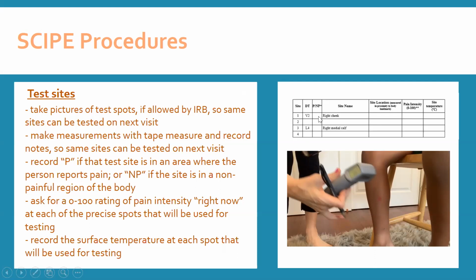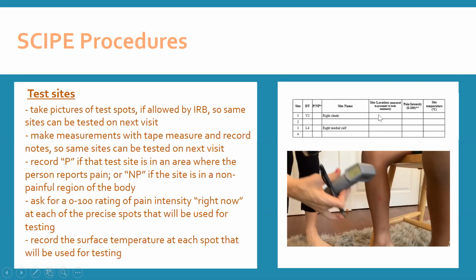Once you've chosen those sites, this column should be filled in. Is this site in a painful or a non-painful area where they said they usually have pain? So you will put a P for a painful site, an NP for a non-painful site. Then you will record the pain intensity at that site at the moment.